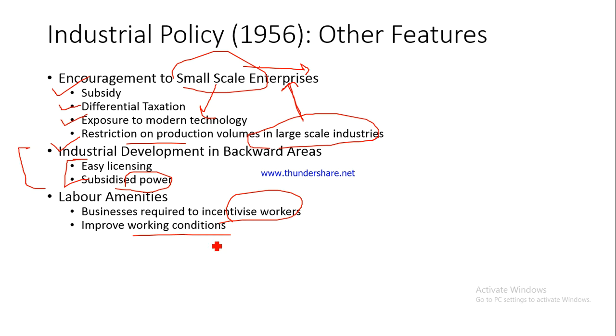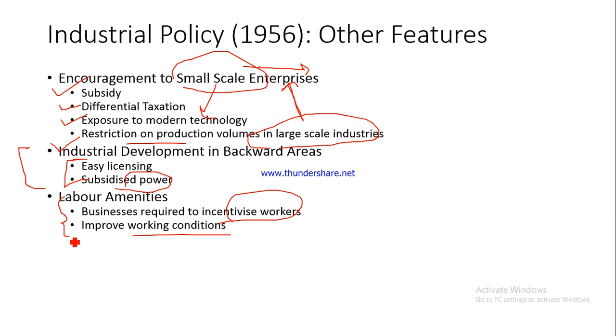Providing toilets, providing toilet breaks. So these all were part of working conditions, and industrial policy basically stressed on improving the working conditions for the workers. And the reason why this was done was because it was understood that as far as workers and the management is concerned, if the government does not provide the workers any assistance, workers would not be an equal partner as far as their relationship with the management is concerned.